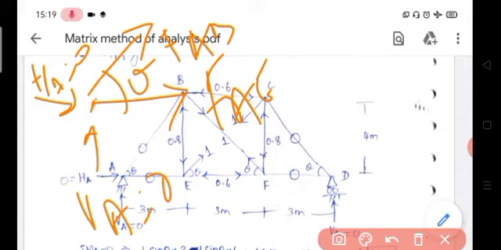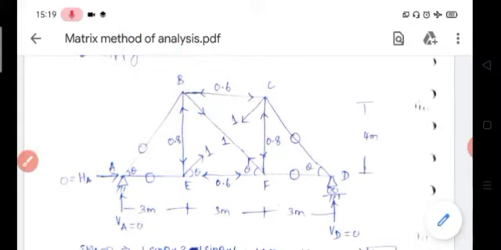This angle is already known. Now apply equilibrium equation, summation of H equals 0 and summation of V equals 0 for this joint. So from applying this equilibrium equation, we found FAE is equal to 0, FAB also 0.